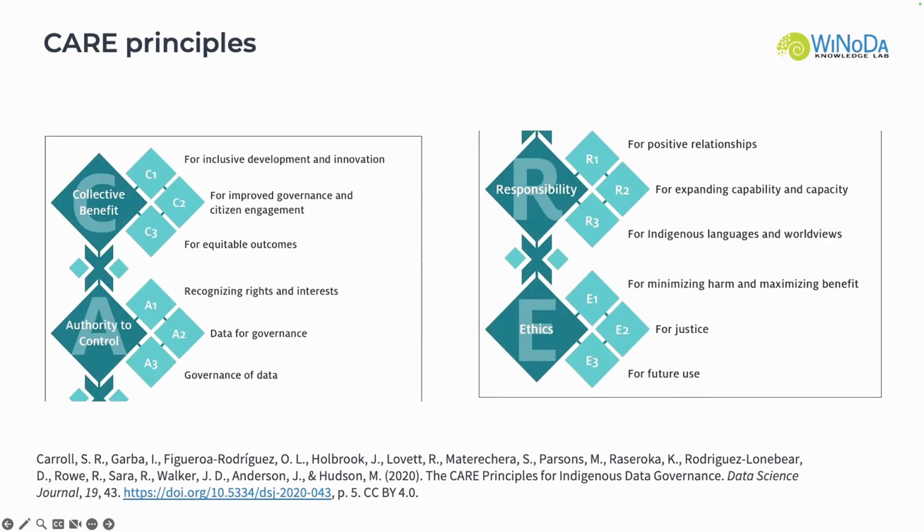And the fourth principle, ethics, alludes to the overall aim of CARE to assess for all instances of data collection and usage the benefits and harms for indigenous people in the present time and the future. That is, I'd say, the bottom line of CARE.